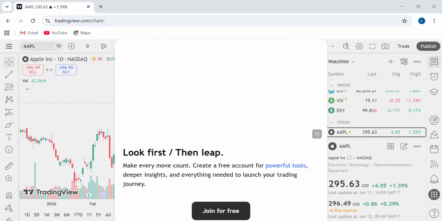Is it that you can't see my screen or what? I don't understand. We can see the diagram, but we can't see the movement of your cursor at all.